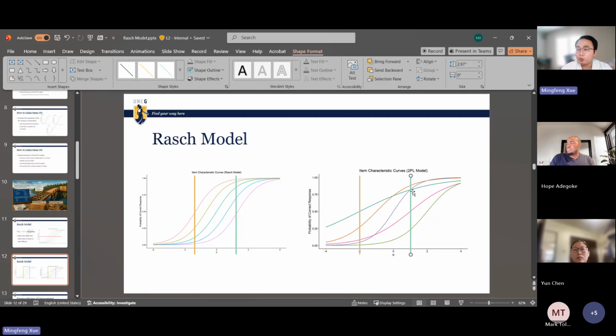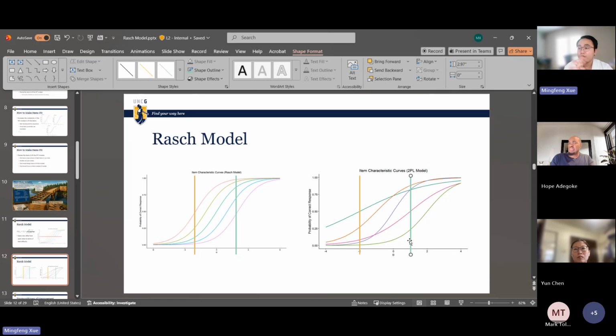Therefore, under 2PL, or in a model that's not the Rasch model or Rasch family model, the difficulty of items changes. The order of item difficulty changes depending on the location of the latent trait. So this creates a problem.